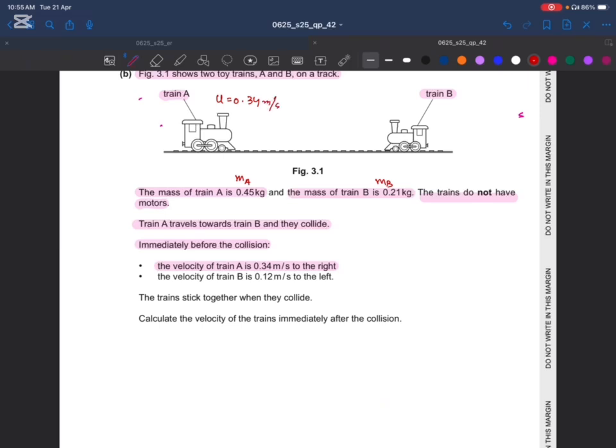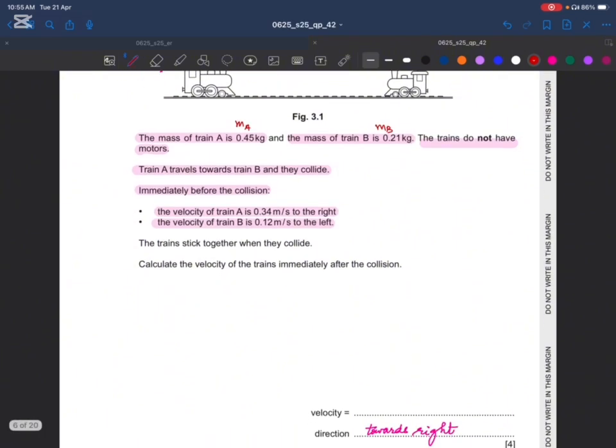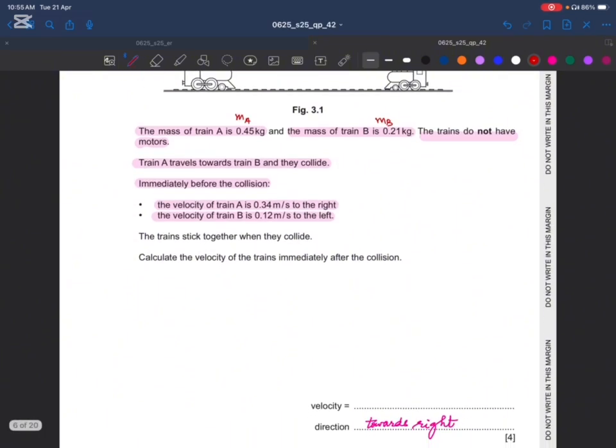And the velocity of train B, meaning train B is also moving, is not at rest. So the velocity of train B is 0.12 meter per second. The trains stick together when they collide. This is a very important sentence.